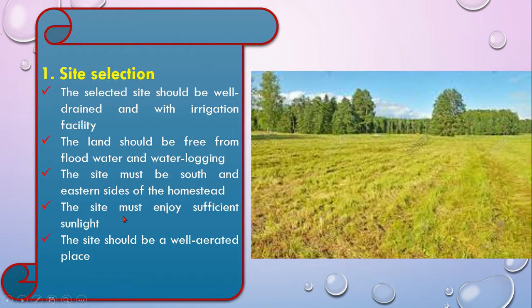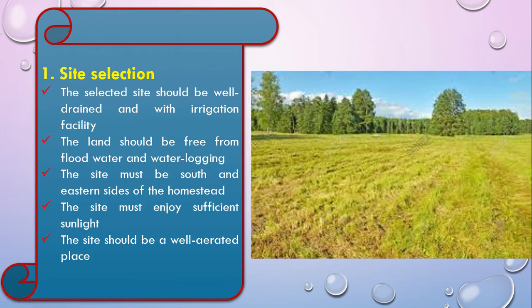The site must be on the south and eastern side of the homestead area if that is in a homestead area, and if that is not a homestead area, that will not be mandatory. The site must enjoy sufficient sunlight. That means ensure proper sunlight and ventilation or aeration, and the site should be a well aerated place as well.